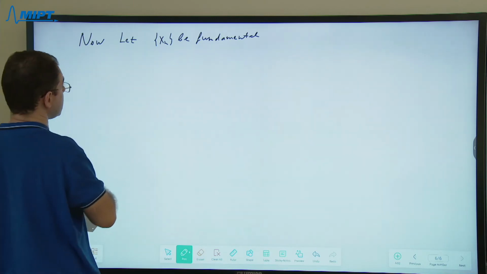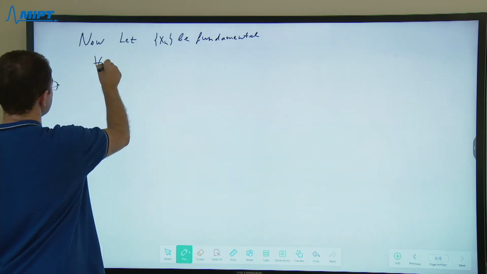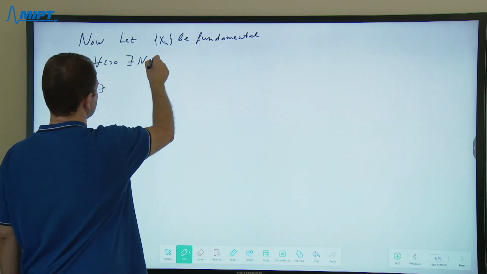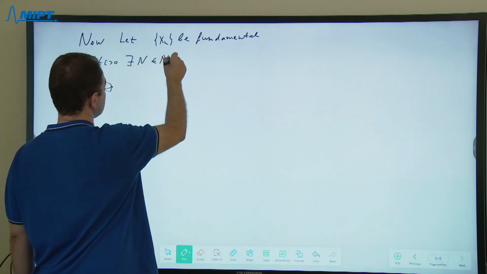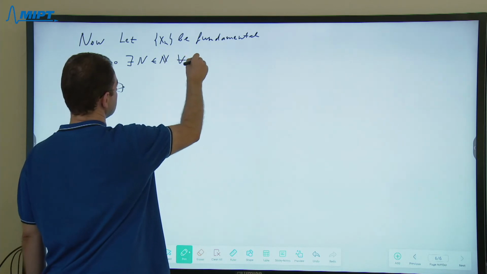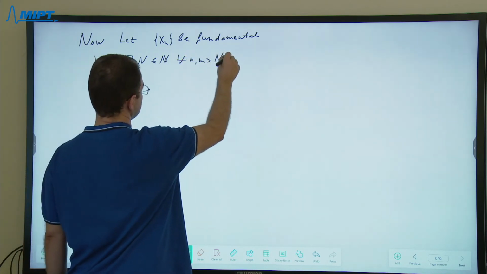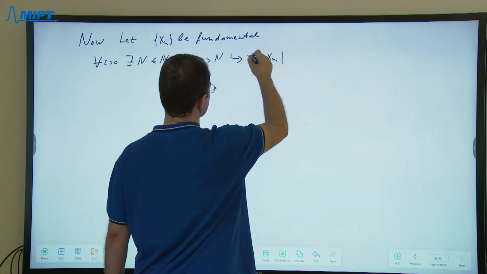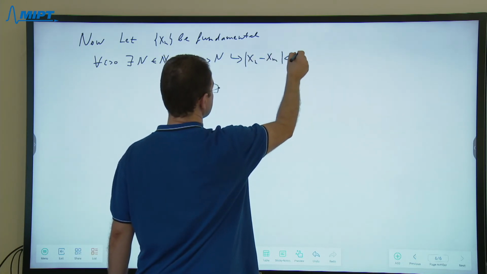So the sequence is fundamental, so for any epsilon greater than 0 there exists capital N, so that for any n and m greater than N, it follows that |xn - xm| is less than epsilon.